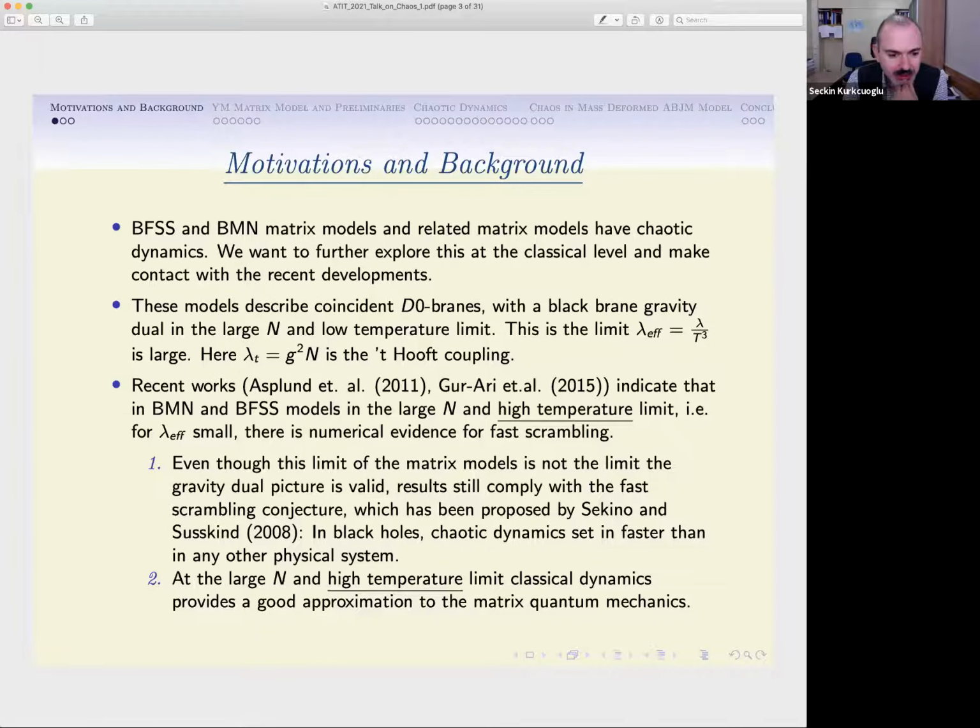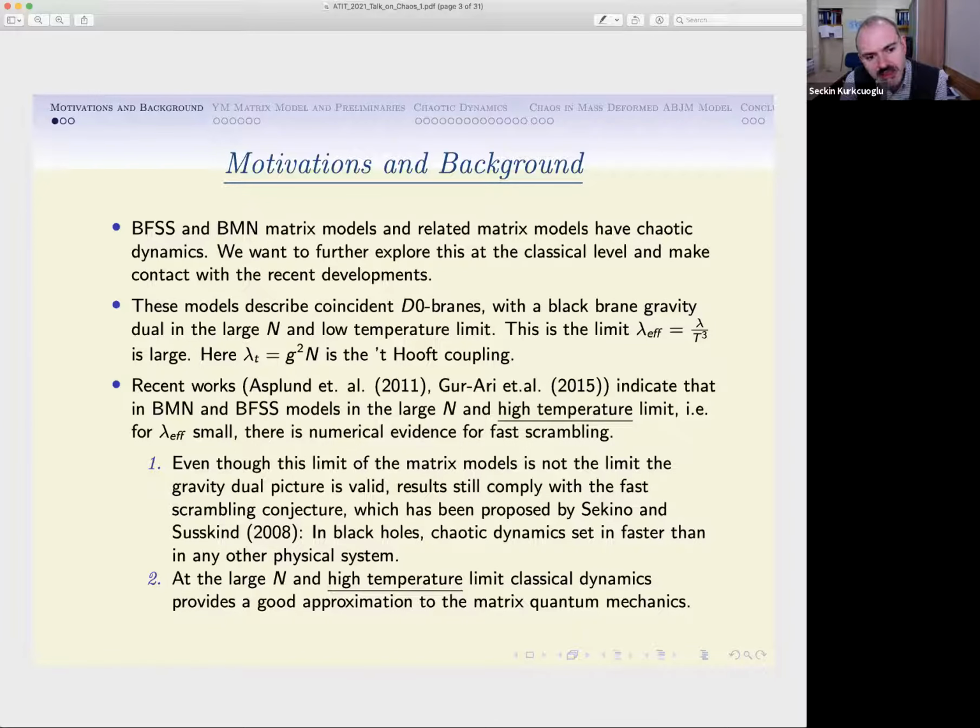Where were we? Okay, so we said that there are objects, these D-branes, which have their own dynamics. I'm not going to tell you what D0 branes are, but these matrix models actually describe the dynamics of D0 branes. These D0 branes are point-like objects which have their own dynamics in string theory.